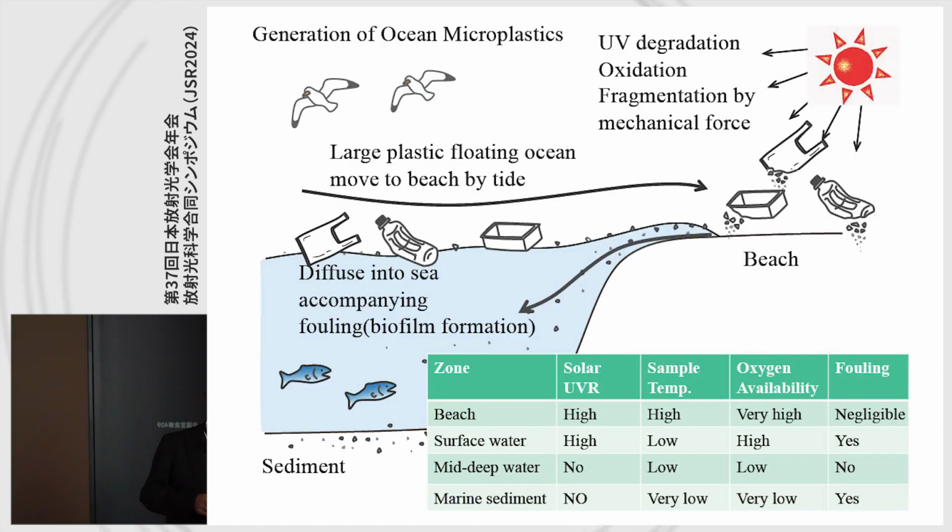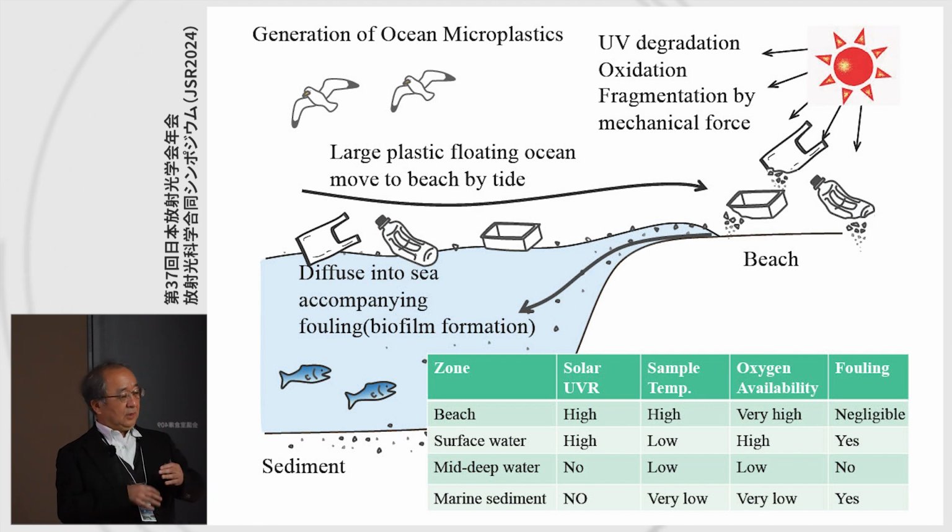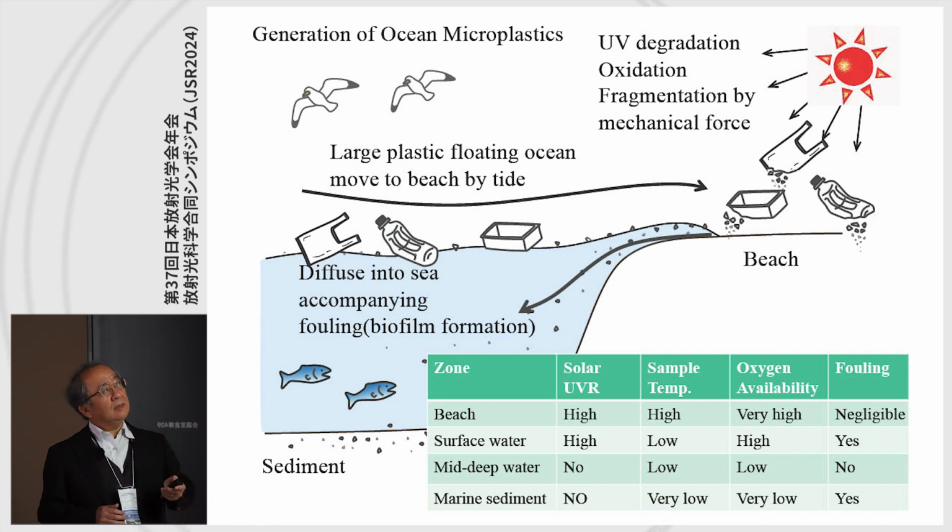And when plastics are discarded and go from the river to the ocean while floating, if they get sunshine, particularly at the beach, where there is high sunshine and high oxygen content, then with abrasion and the sun, they can generate microplastics.